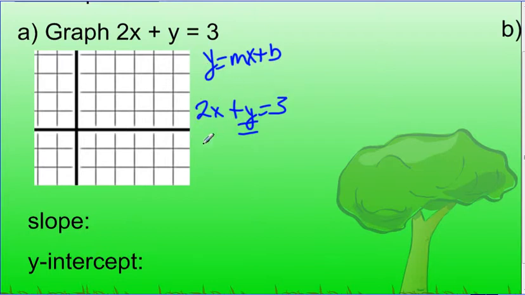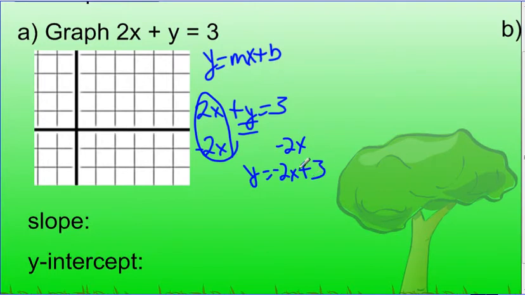Get rid of the adds and subtracts. These cancel. Y equals negative 2x plus 3. We have this now in slope-intercept form. That's SI form, slope-intercept form. Looks like that. And that's what we have.